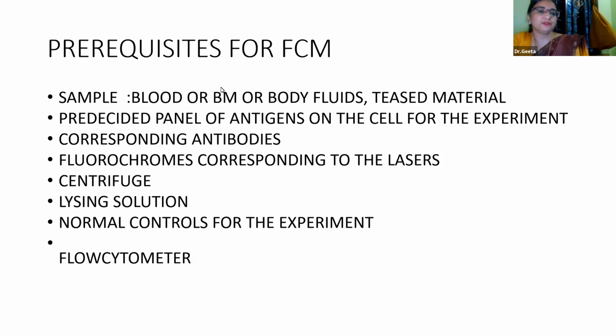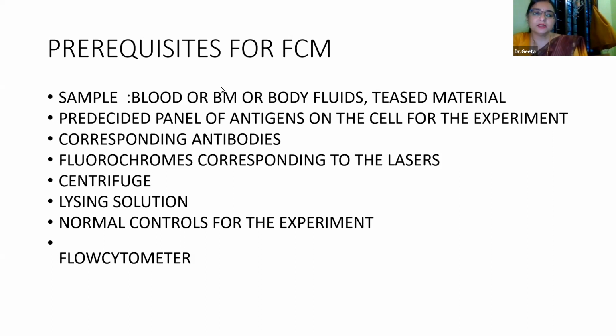We need a centrifuge because we need to lyse the solution, especially when we are dealing with WBC samples. We do not need any RBCs, they need to be lysed so that we get a nice pellet after we've centrifuged and removed the lysed RBCs.